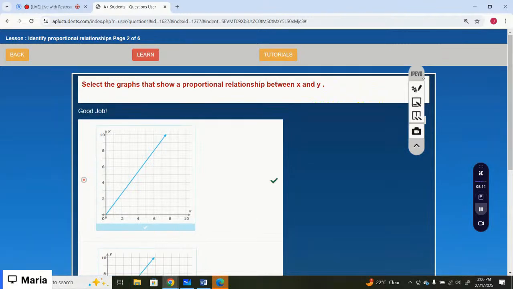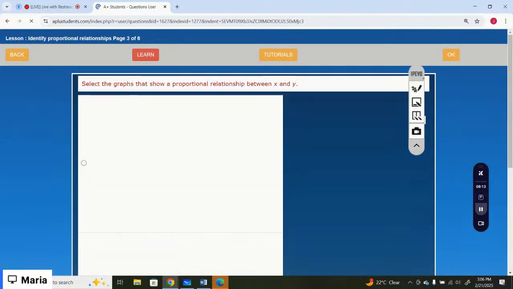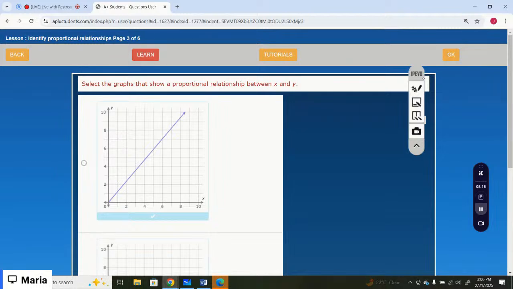Let's just start with the test questions. Select the graph that shows a proportional relationship between x and y.